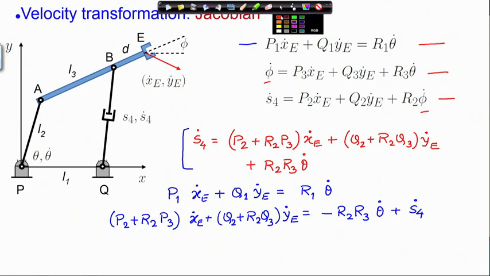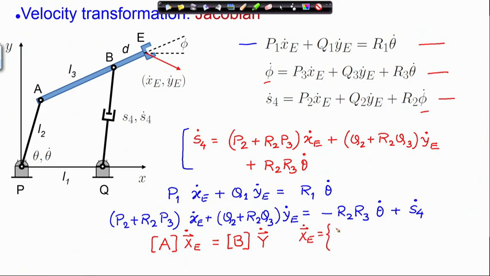Now, this I can combine and write in a compact form as, let us say, some matrix A times x e dot is equal to matrix B times the vector y dot, where this vector x e dot is nothing but x e dot, y e dot, the vector y dot is theta dot, S 4 dot.